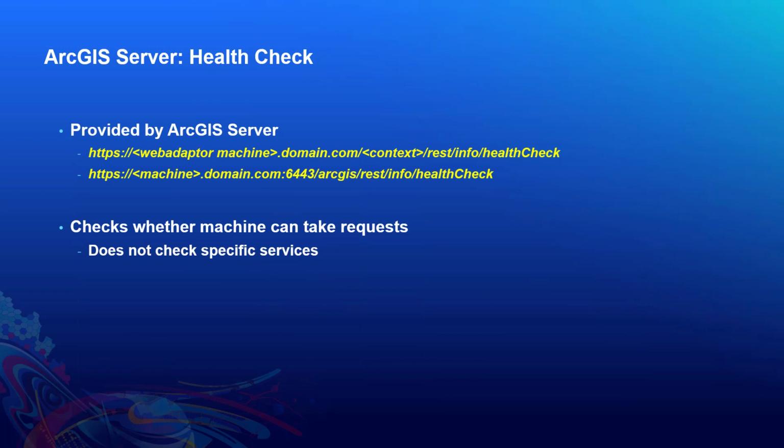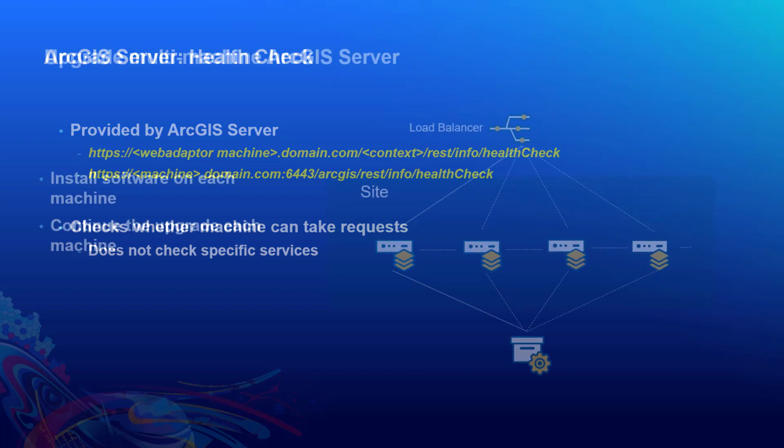Similar to Portal, ArcGIS Server has a health check URL. This is accessible through the web adapter or through the machine directly through REST info health check. Now this determines whether the machine can accept and respond to requests. It does not check whether specific services are running.